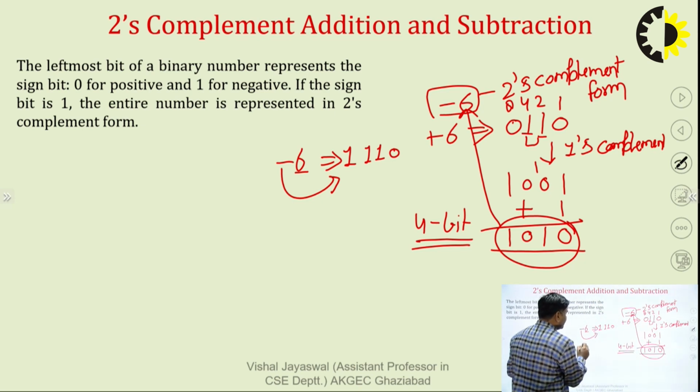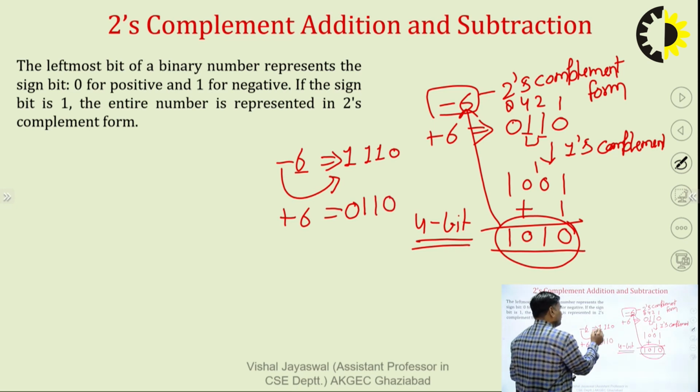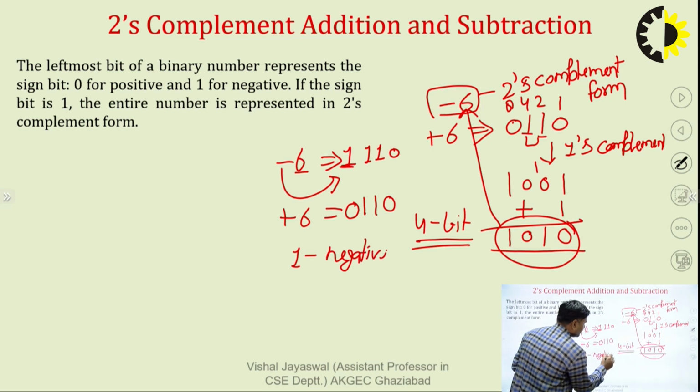If our number is positive, let's suppose plus 6, then we write 0, 1, 1, 0. Here 1 bit, 1 for negative number and 0 for positive number.